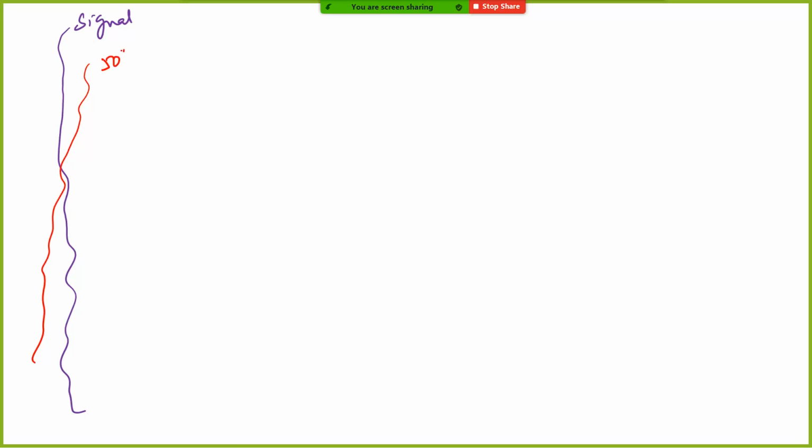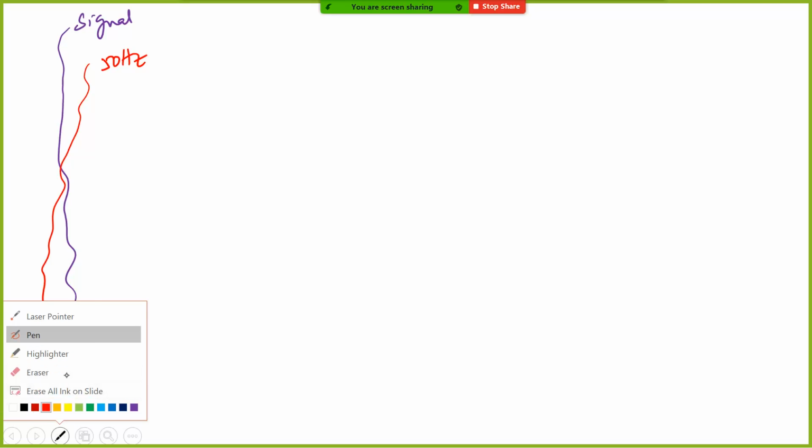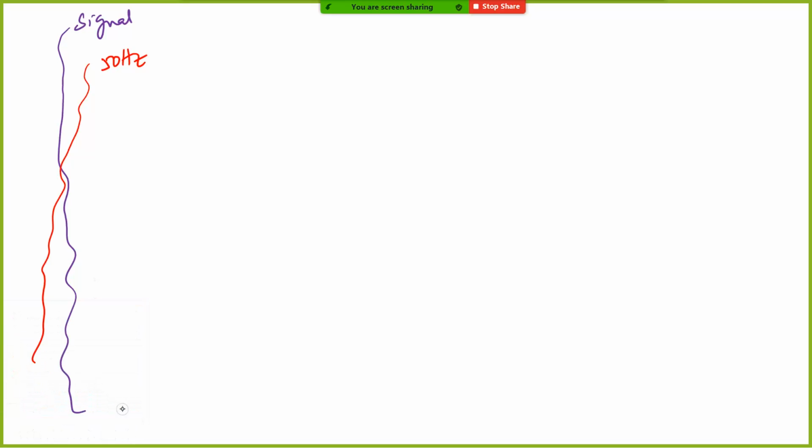Power lines are the main culprits. And then you have some other interfering, very large signal line, maybe some digital signal line which is running like this.